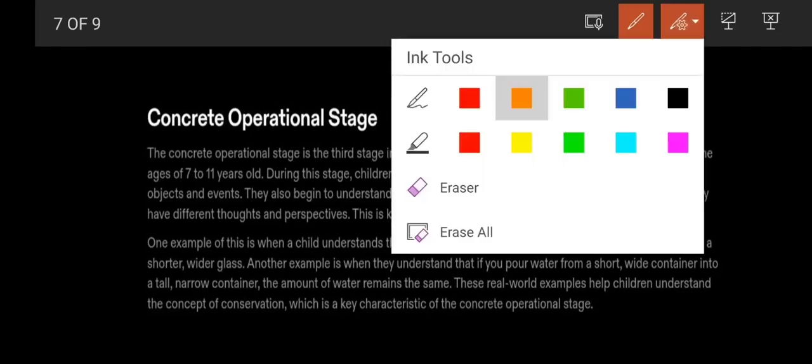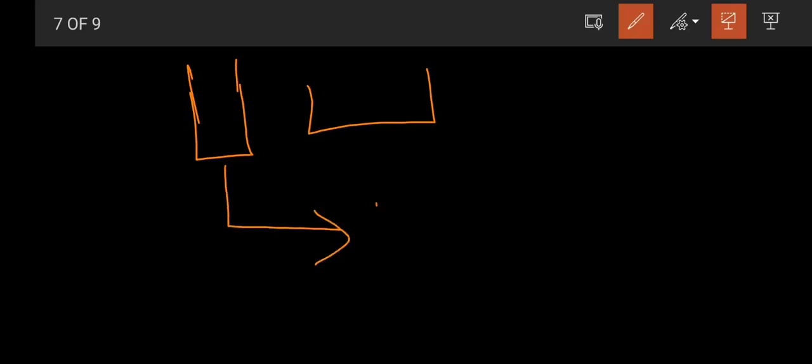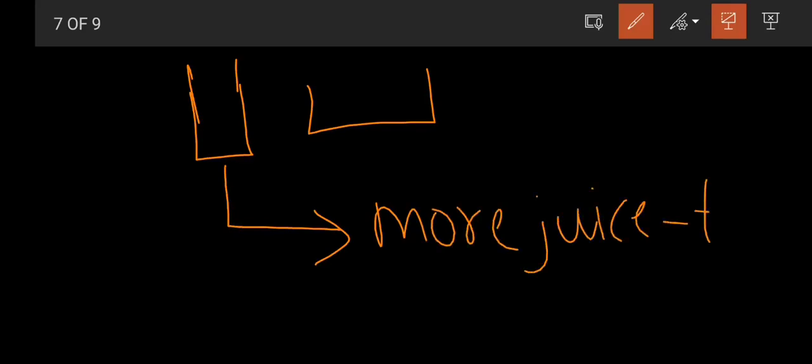I told you the example of these containers, one is long and one is wide, and the child is focusing on only one aspect: if something is tall then it has more juice.